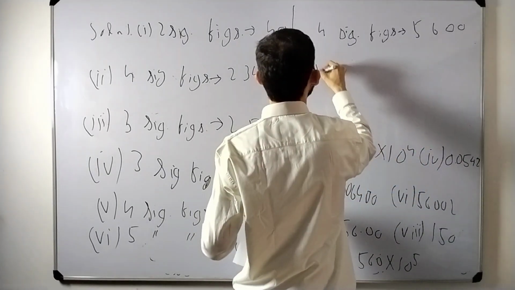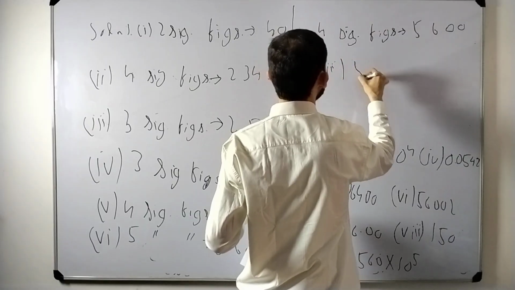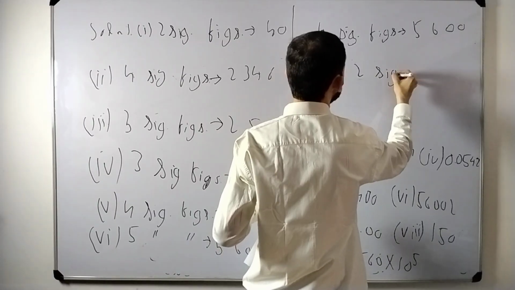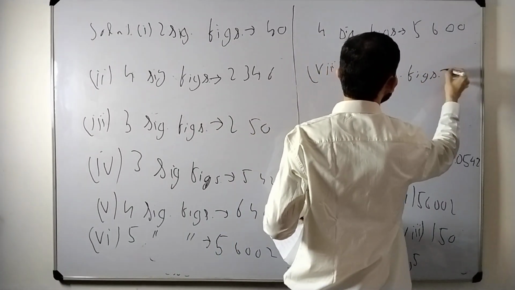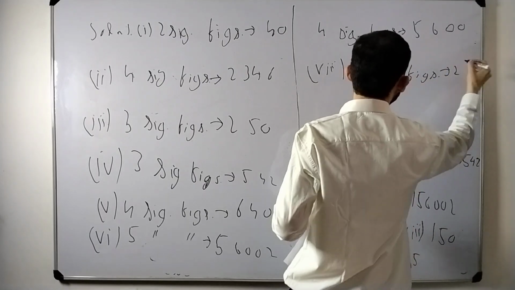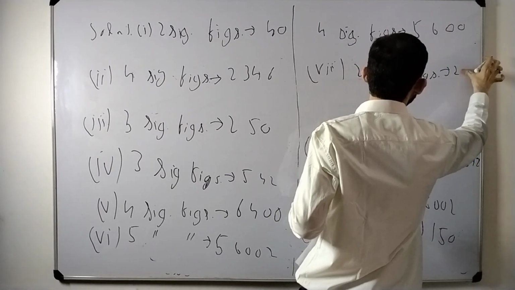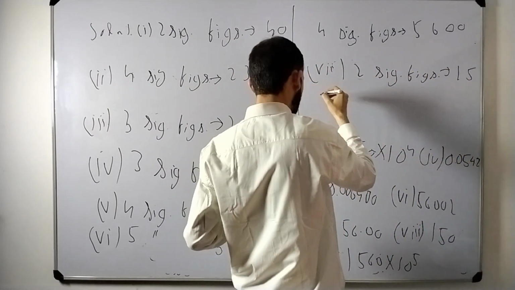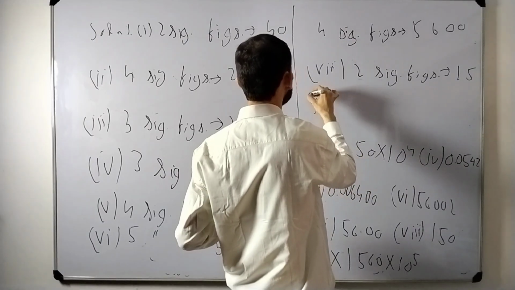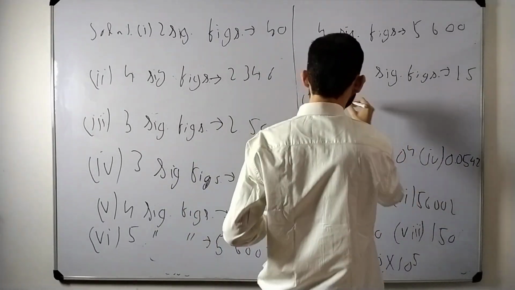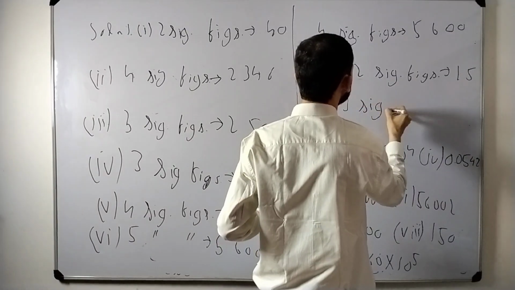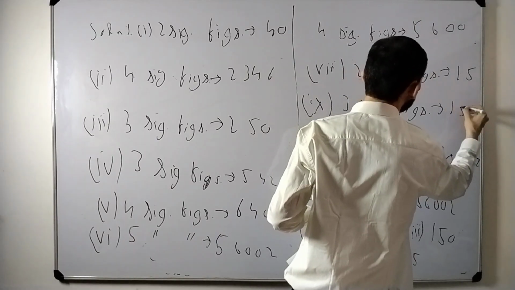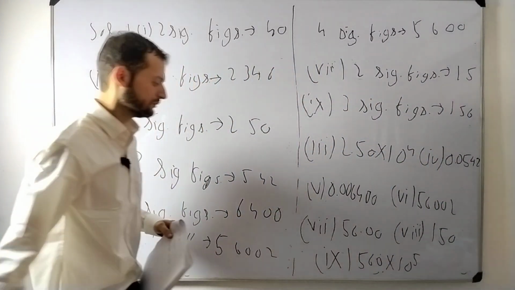What is the 8th? Yes, 150. So 2 significant figures. So you have written 2 significant figures. 15. Now the last part of the story, 9th. How many? 3, sir. Very good. Now you are an expert.